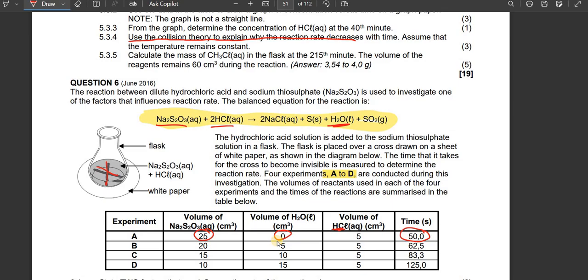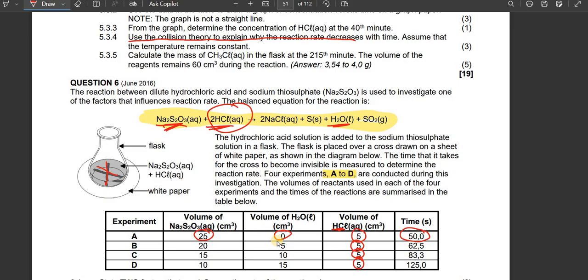Oh, sorry, this is the volume that was used for HCl. It was 5, so they kept it as 5. They didn't change the amount of acid they are using for all the experiments. What they were changing is the amount of sodium thiosulfate, that is the one that was being changed.